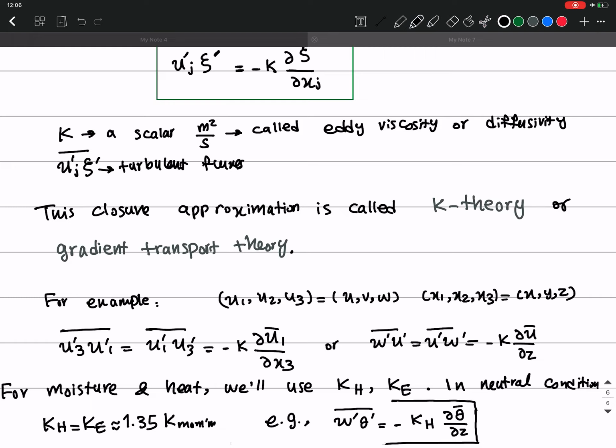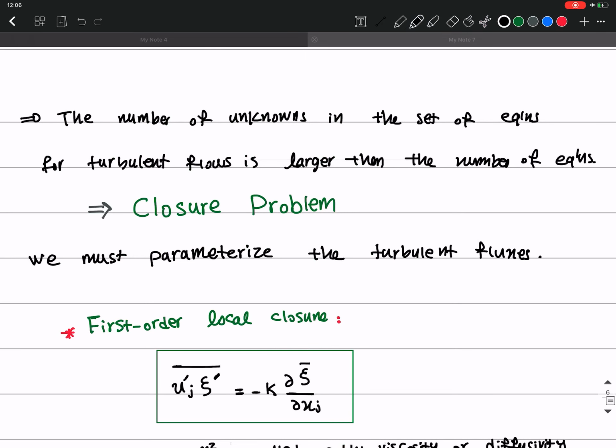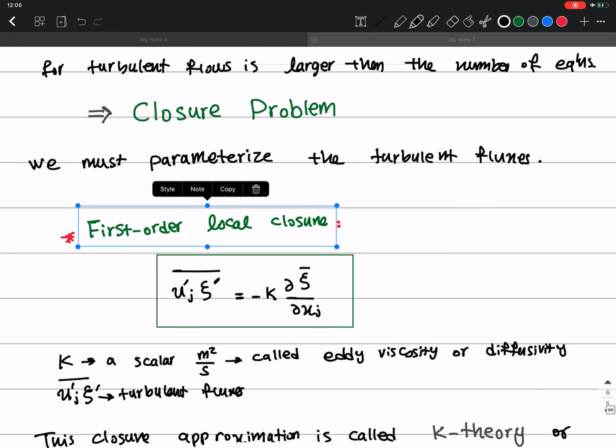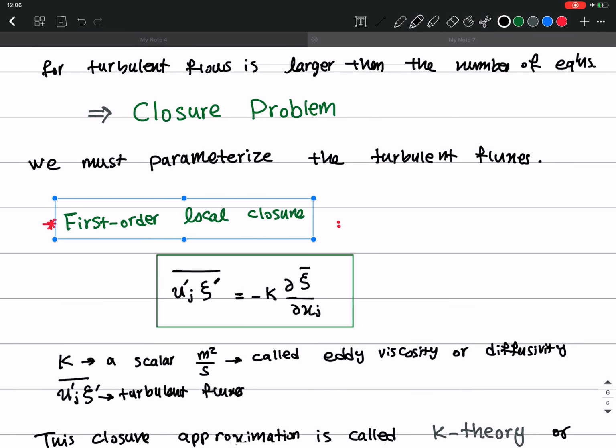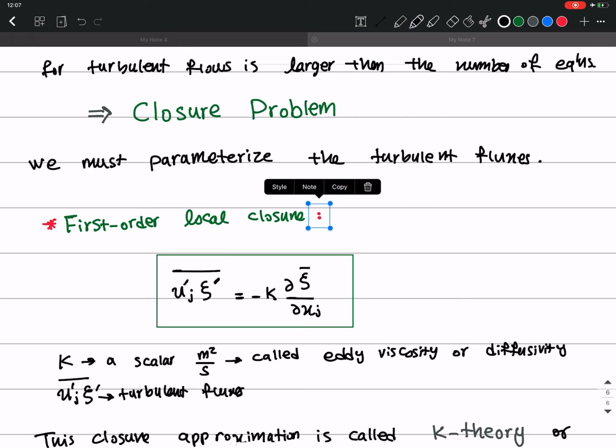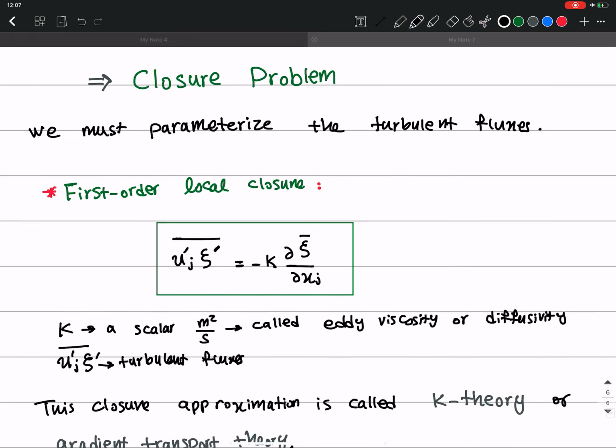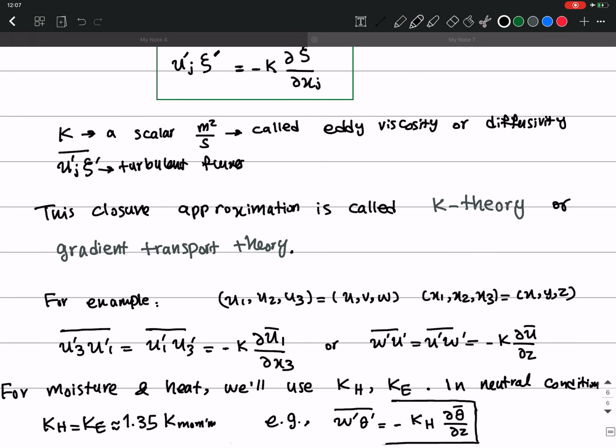Again, this is to show that this is also valid for scalars like moisture and heat, these first order closure models, right? We can use it for moisture and heat as well. And this is how it would look, but we need to use a different K or a different eddy viscosity.